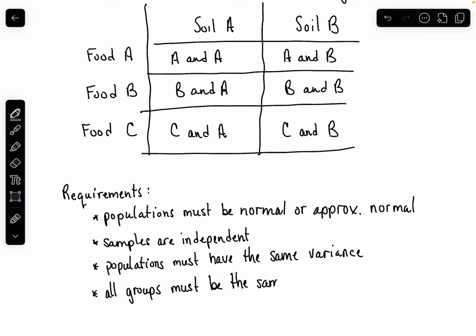So we have that new requirement. This requirement is new to two-way ANOVA. It did not exist for one-way ANOVA. That is a requirement for how we do this because of the nature of the calculations.